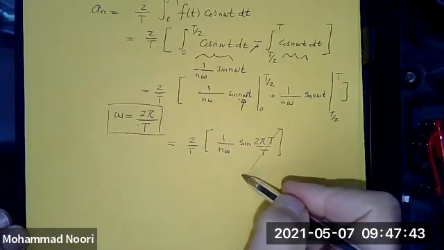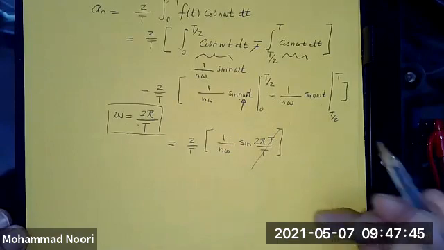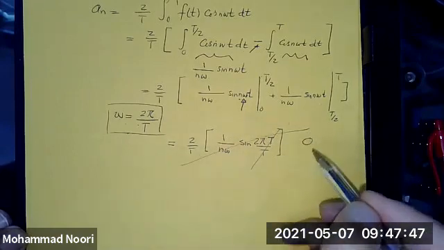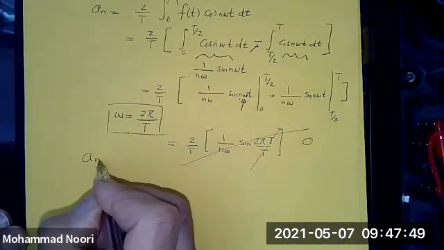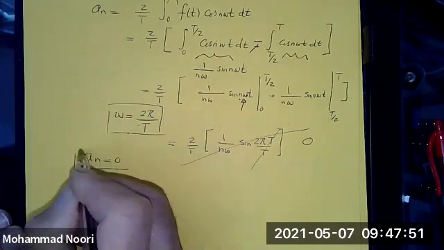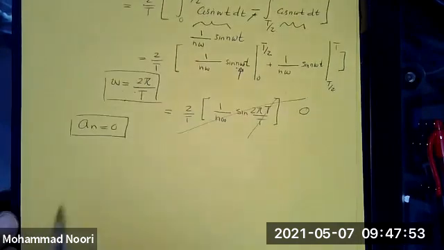So basically you end up with sine of 2 pi, which is 0. So this is also 0. So AN came out to be also 0.